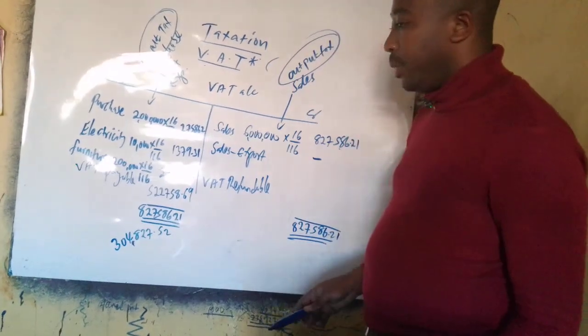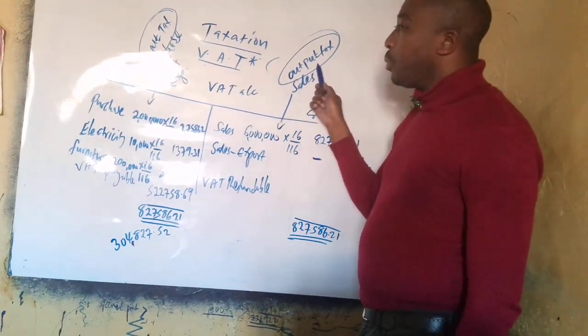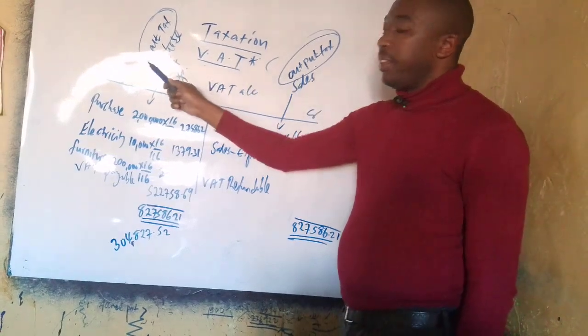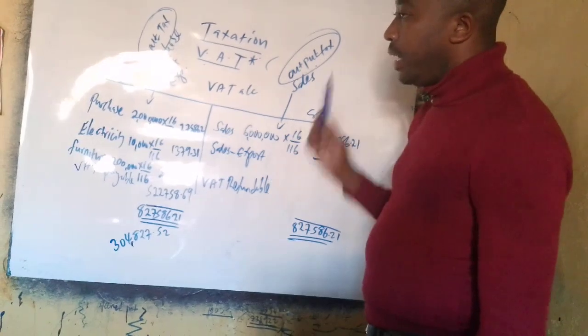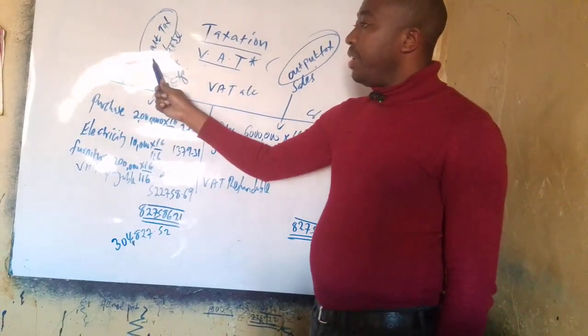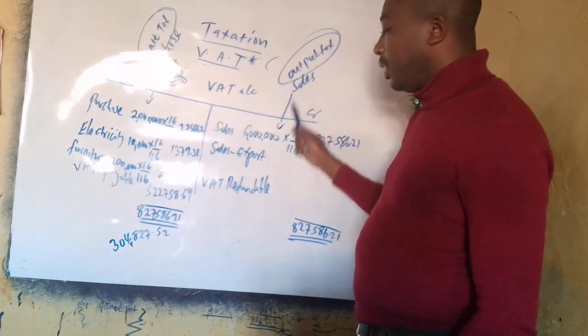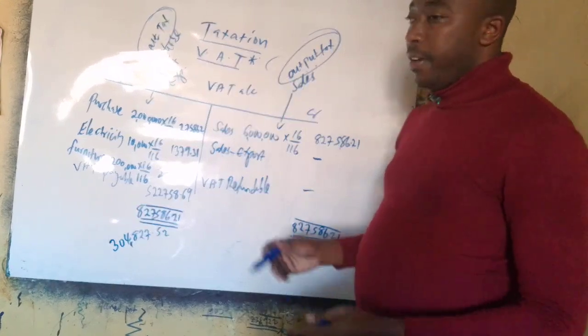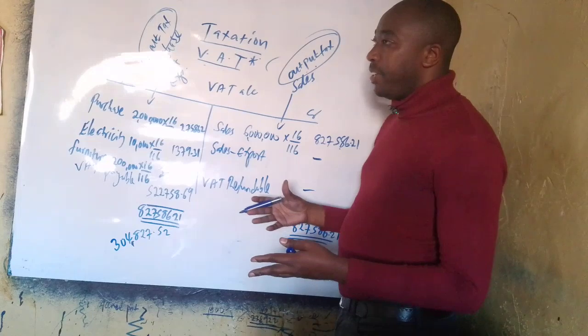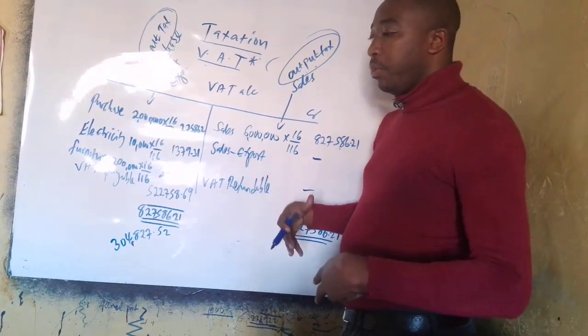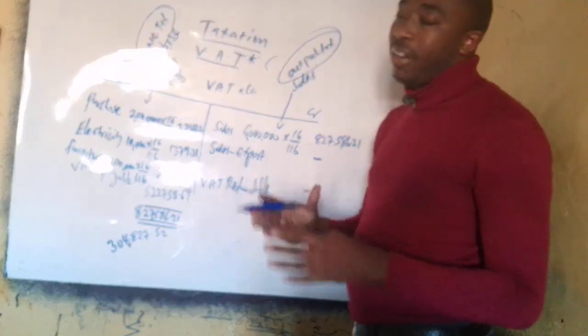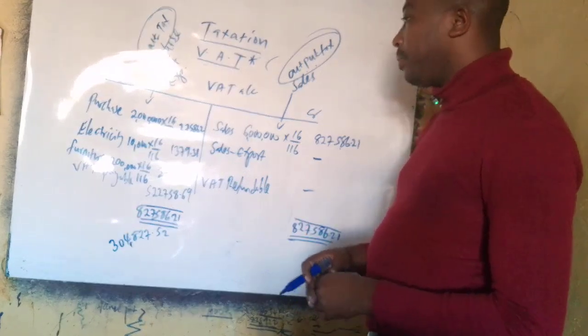So that is VAT payable. Anytime output is more than input, that is VAT payable. Anytime input is more than output, that is VAT refundable. And you cannot have VAT refundable at the same time you have VAT payable. You cannot have the two at the same time.